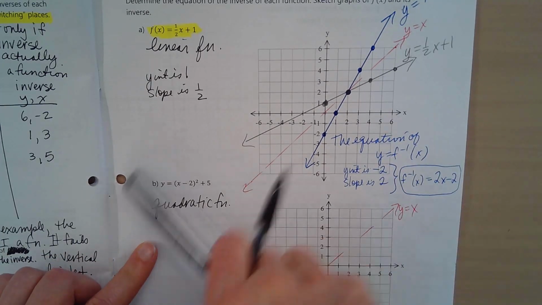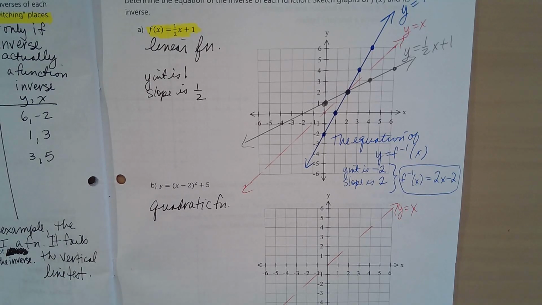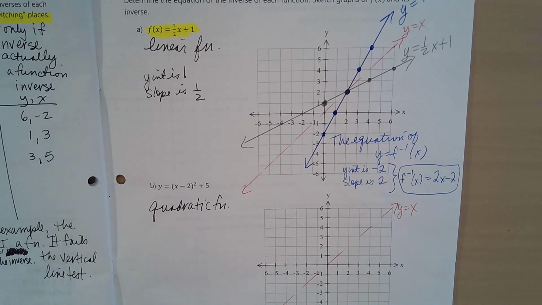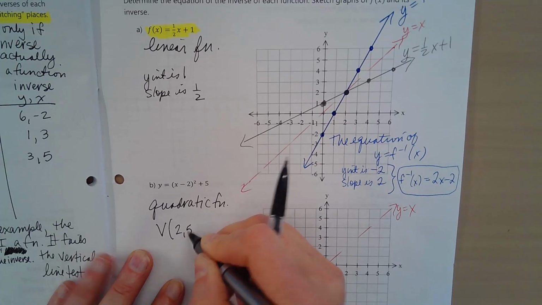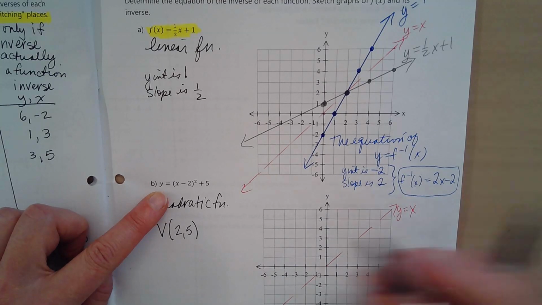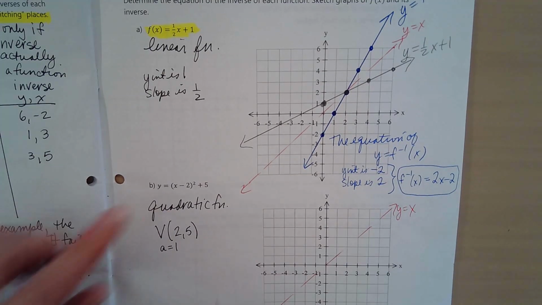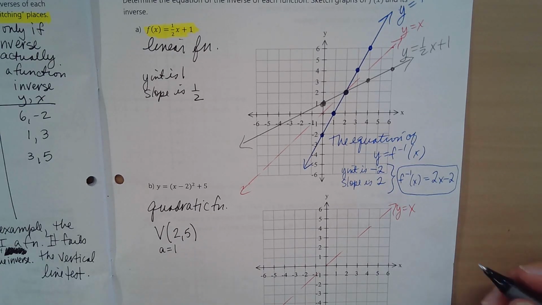What do I know about this quadratic? I have to know the vertex, right? And it's kind of nice to know the next two points maybe. What's the vertex of this quadratic? 2, 5. And then it has a regular climb, right? Like the a value, a is 1, so that kind of tells me where my first couple of sets of points are, or I hope it does.